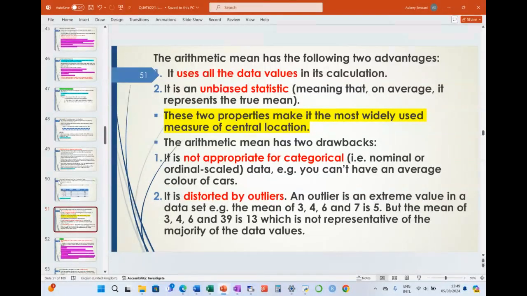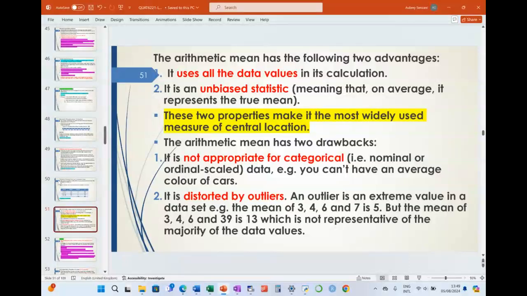It is not appropriate for categorical data, in other words, non-numeric data. And then it is distorted by outliers. Outliers are when you have extreme values.